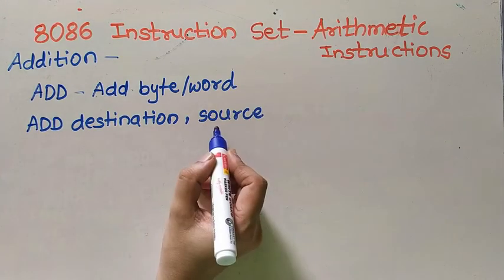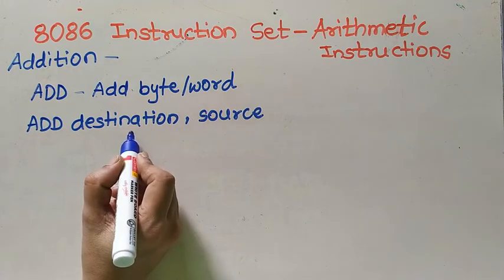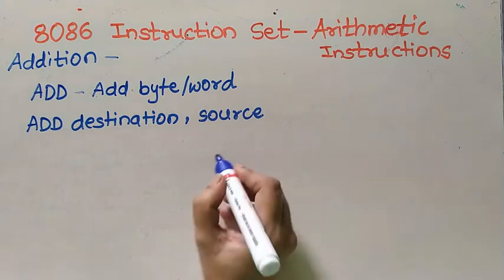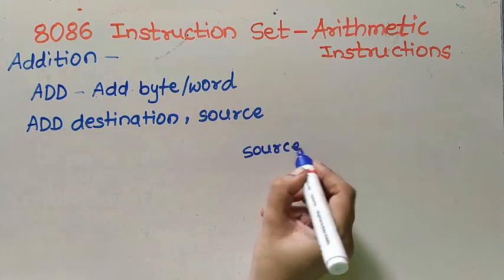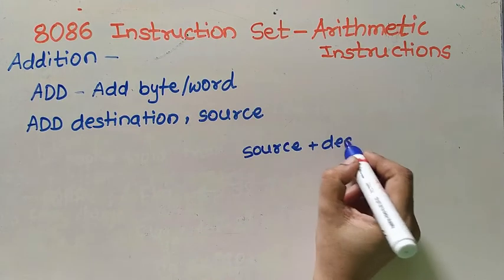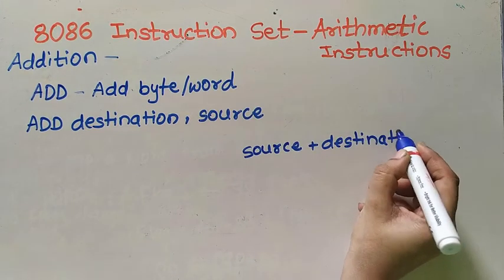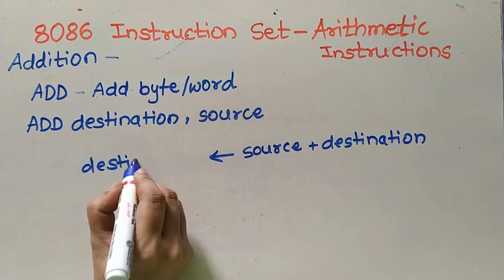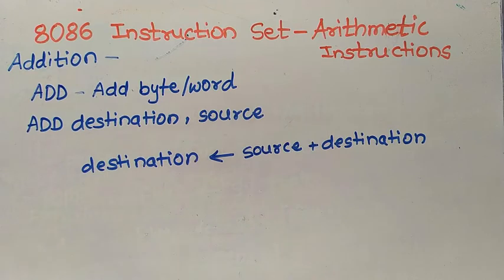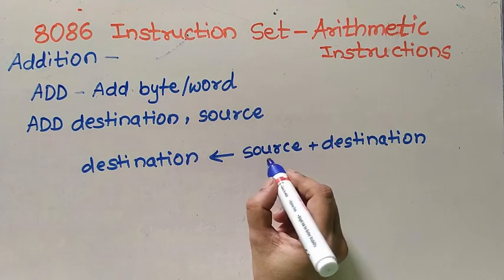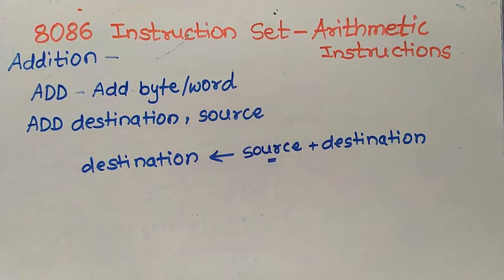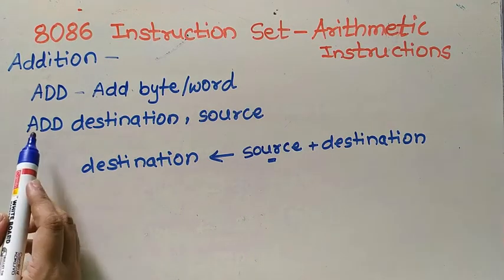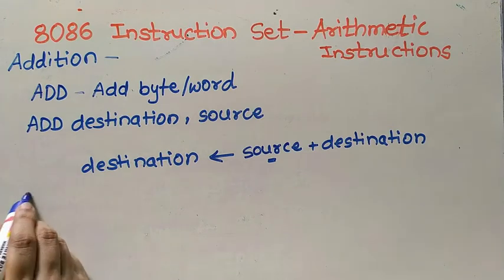The contents of source and destination are added and the result is stored back into the destination. So source plus destination operation is performed and the result is stored back in destination. Here the contents of source remain unchanged while the contents of destination are going to vary after this ADD instruction.